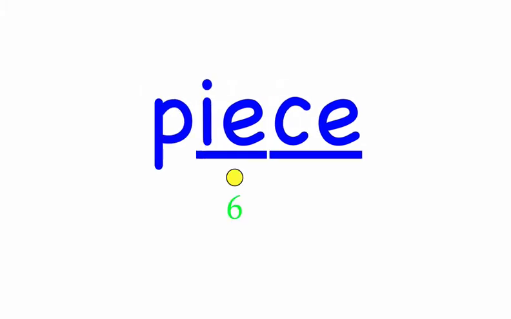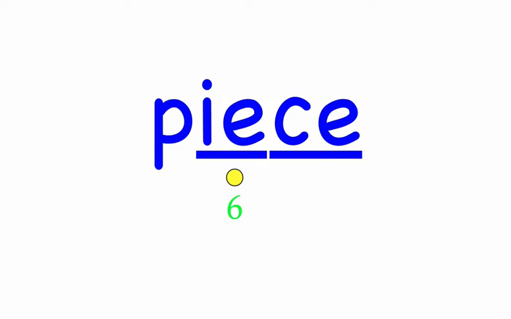P, E, S. Piece. Mark this word. Now we have another word, peace, of course, P-E-A-C-E, which refers to peace on earth. So both words are pronounced the same, but the spelling of the word is critical because they are totally different meanings, these 2 words.